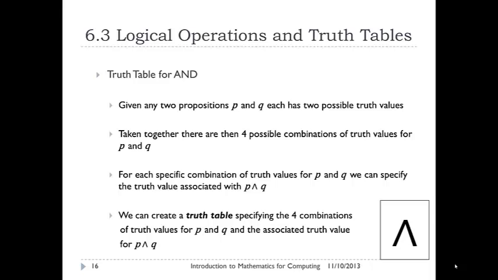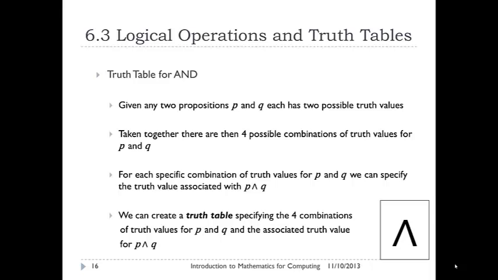One of the methods we have to explore the result of forming these compound statements using logical connectives is through the use of the truth table. Truth tables will demonstrate for us the result of combining two base propositions together using a logical operation.